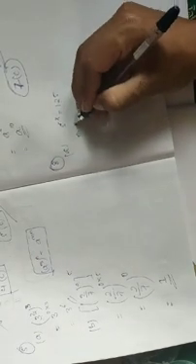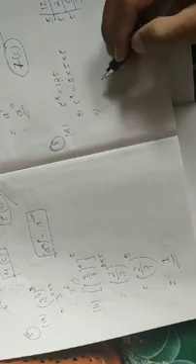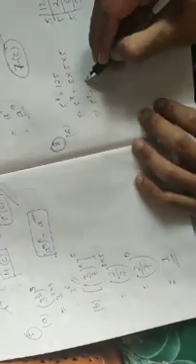So 5 to the power x equals 125, and you will first prime factorize it. You know how to prime factorize, right? 125 I can write as 5 into 5 into 5. So 5 to the power x equals 5 into 5 into 5, which is 5 to the power 3.